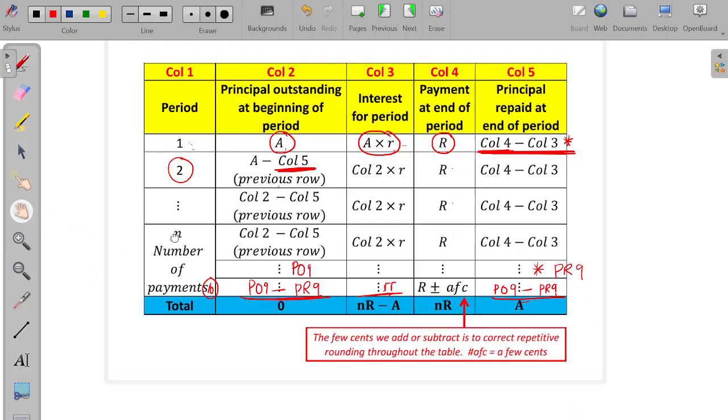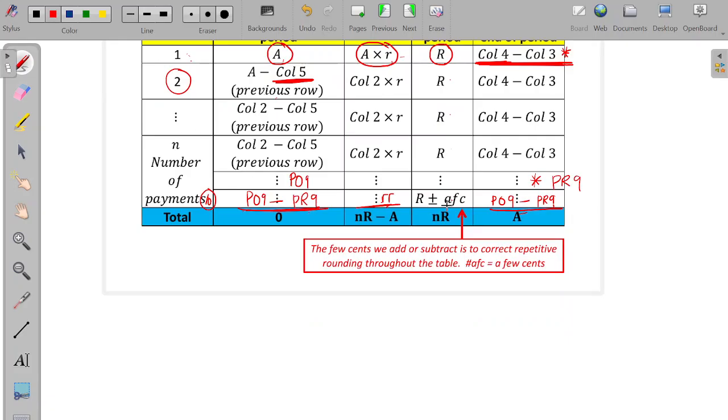So I must add PO9 minus PR9, plus our R. That is what will give you what is here for the last one. So the decimal on this one is different from the decimal on the other ones. Please take note of that.